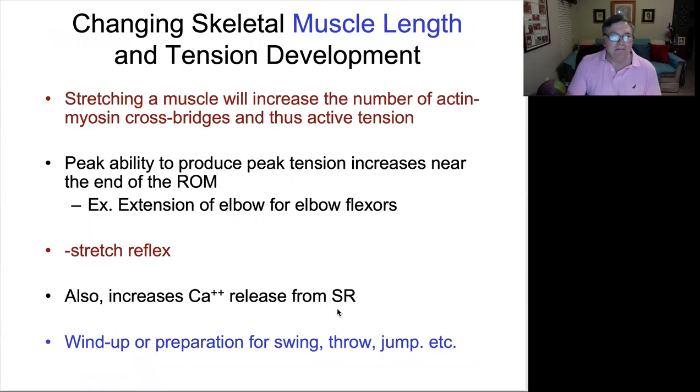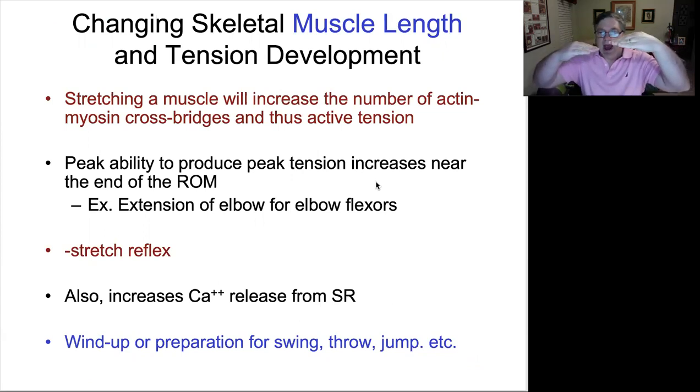So changing muscle length, stretching a muscle, not only increases passive tension that we talked about a while ago, like stretching a rubber band, but it also increases active tension. And the mechanism is it puts the actin and myosin strands, the heavy chain and light chain molecules, or the thick filament and thin filament, it puts them in an optimal position where you can get the greatest number of cross bridges between actin and myosin.